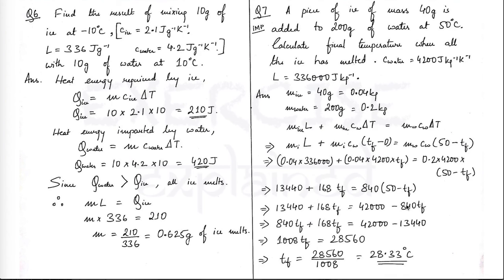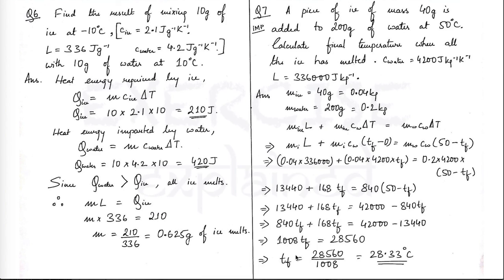It was minus 840, so when it goes to the left hand side it becomes plus 840, plus 168 is taken down as it is, equal to 42,000, and 13,440 was positive on the left hand side. When it goes to the right hand side it becomes negative. So we get 42,000 minus 13,440. So when we add 840 plus 168, we get 1008 Tf is equal to, when we subtract 13,440 from 42,000, we get 28,560.